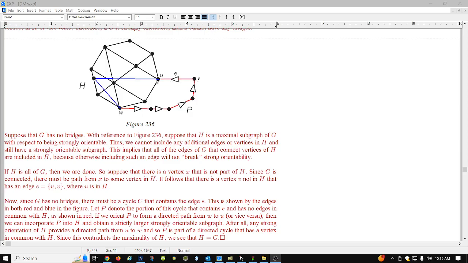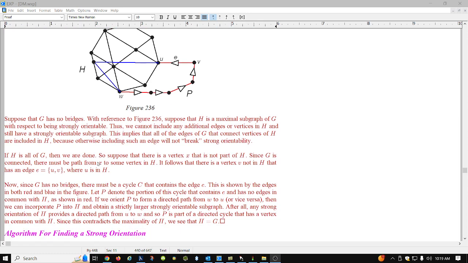It goes from V to a vertex in H. There's a path that does it. The last edge in that path, so to speak, is an edge that connects a vertex that's not in H to a vertex that's in H.